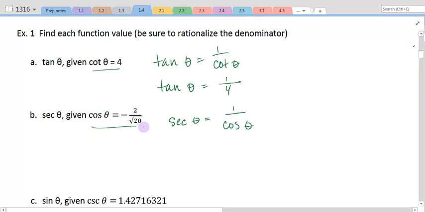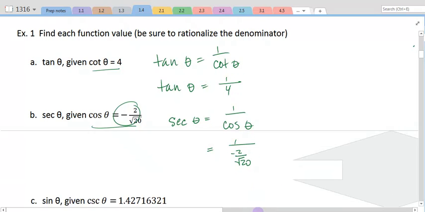If I know that the cosine of theta is -2 over the square root of 20, then I'm going to replace that down here in the denominator. So I have 1 over -2 over the square root of 20. So this is really just a complex fraction.